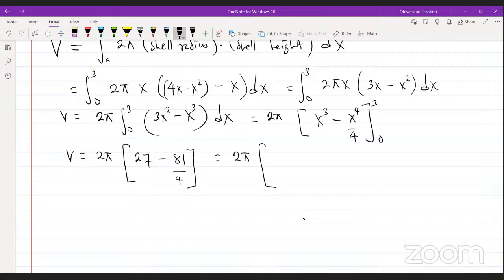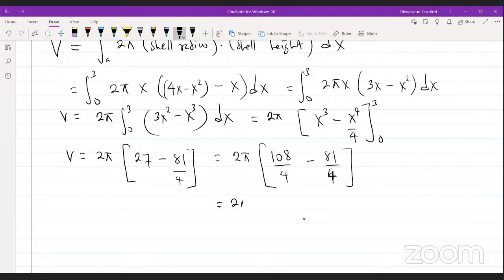You want to ensure they have the same thing on the bottom, so that means you have 108 over 4 minus 81 over 4. This is a very simple algebra, guys. Just ensure they have the same thing on the bottom.